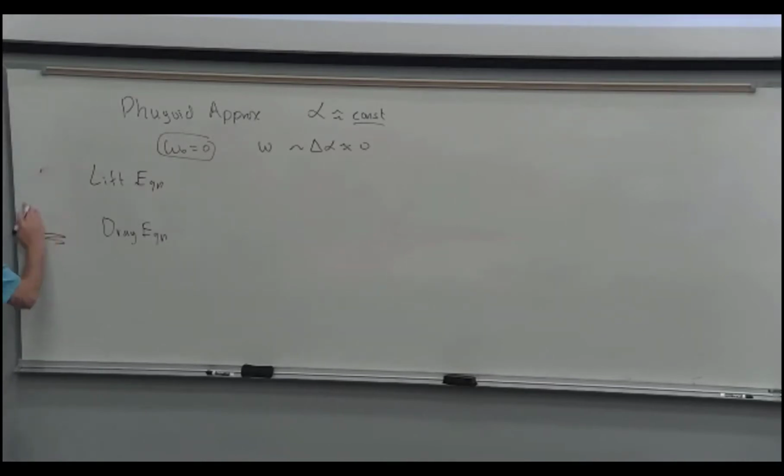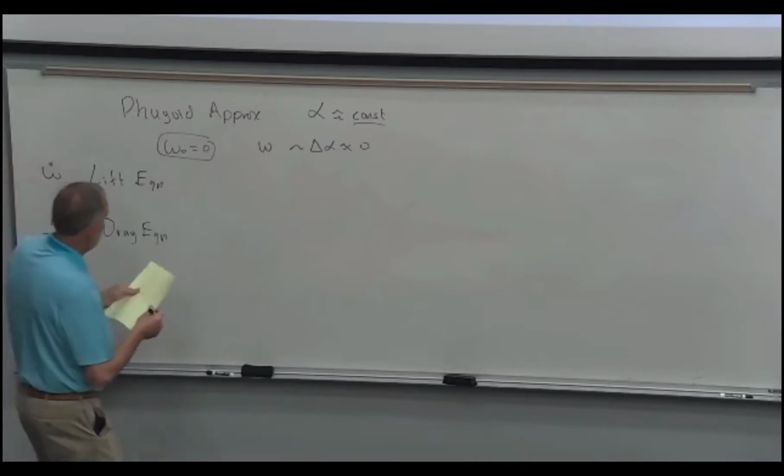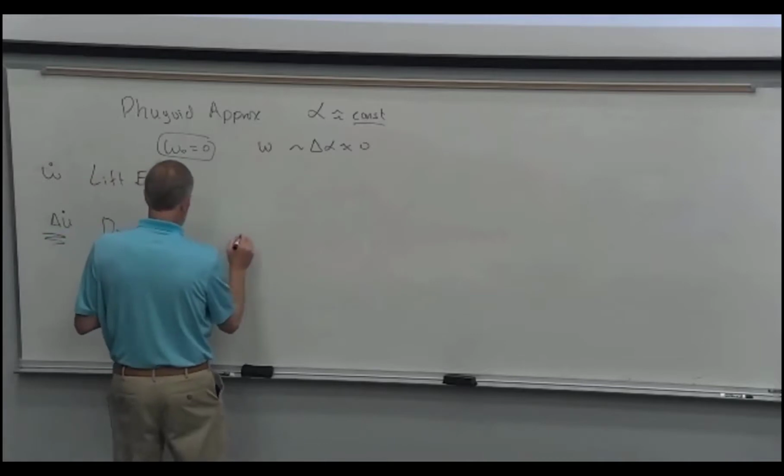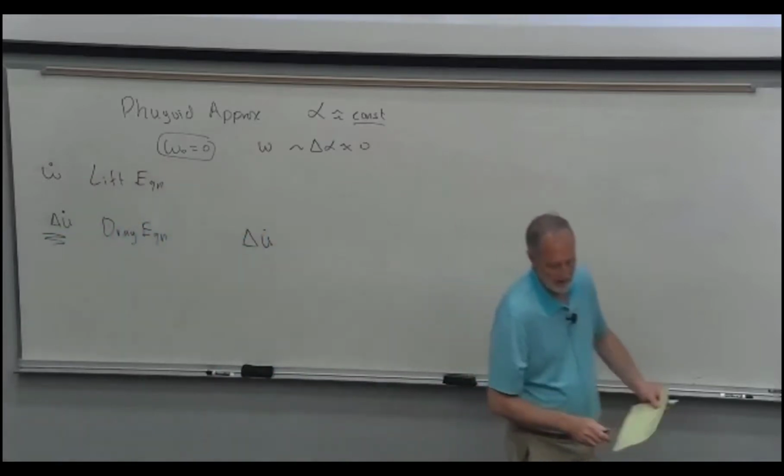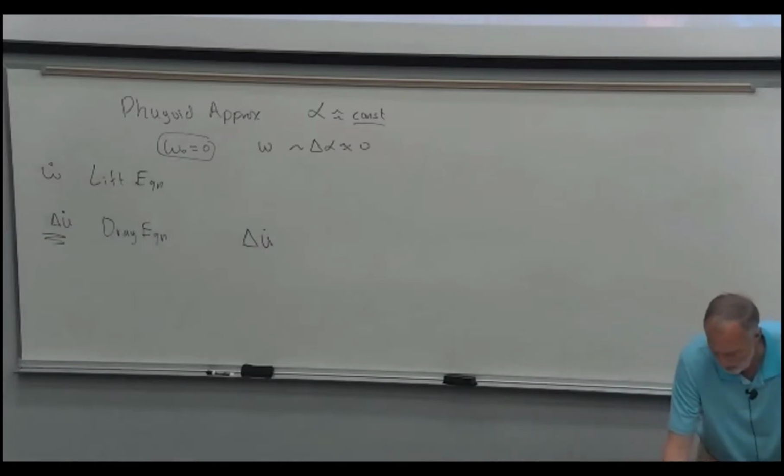The lift equation is the w dot equation. This is the delta u dot equation. So we keep this equation, we're actually going to knock out the w dot, which makes it easy. So this equation, the drag equation, looks like this. And again, I'm grabbing those from that page in the handout or in the book.